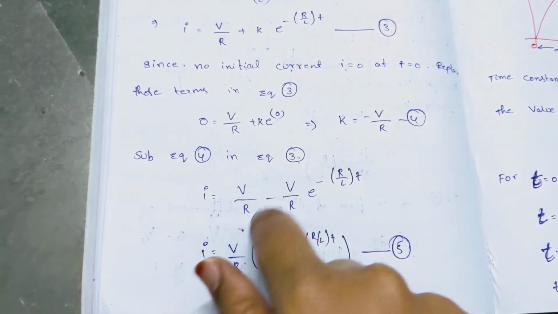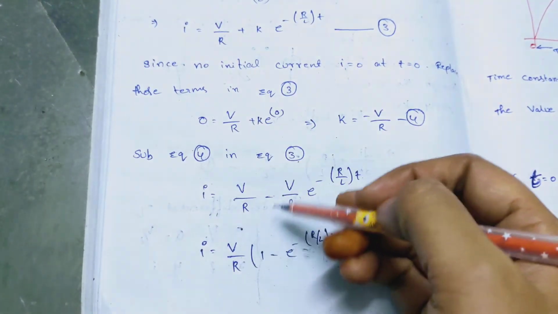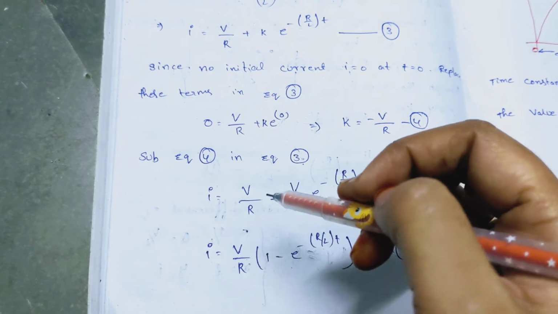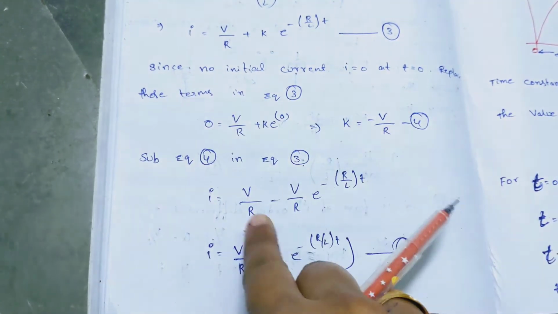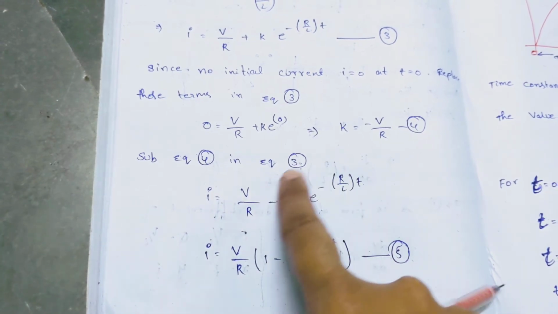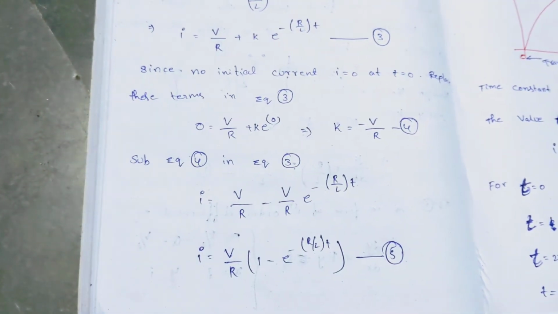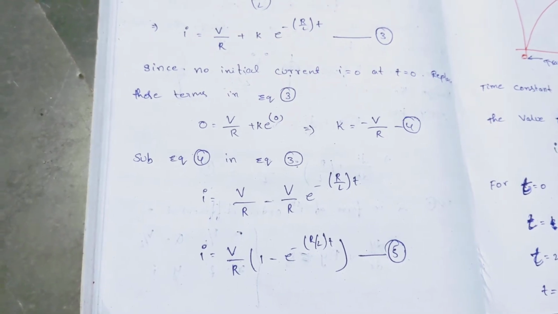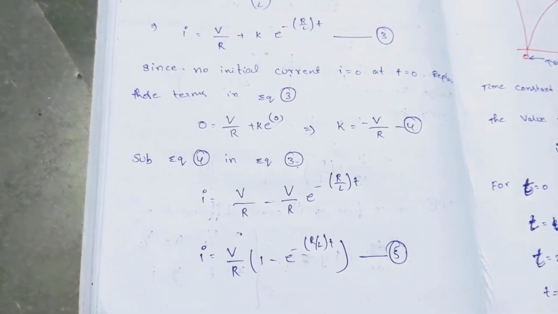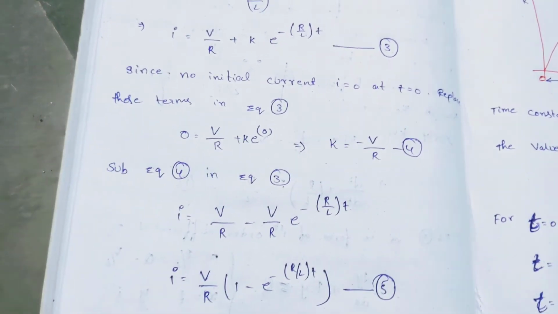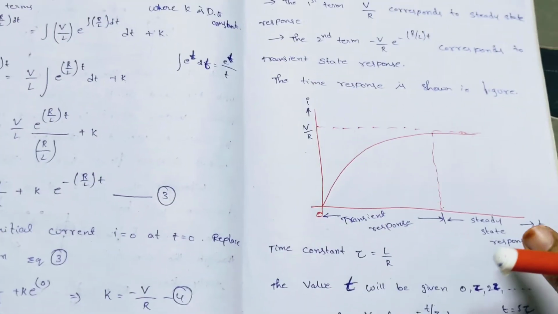The first term represents your steady state response because it doesn't depend on time; it is a constant value. The second term depends on time, so it is your transient.